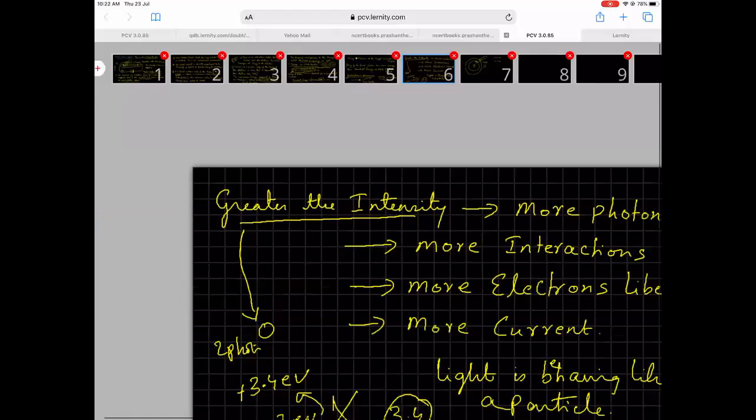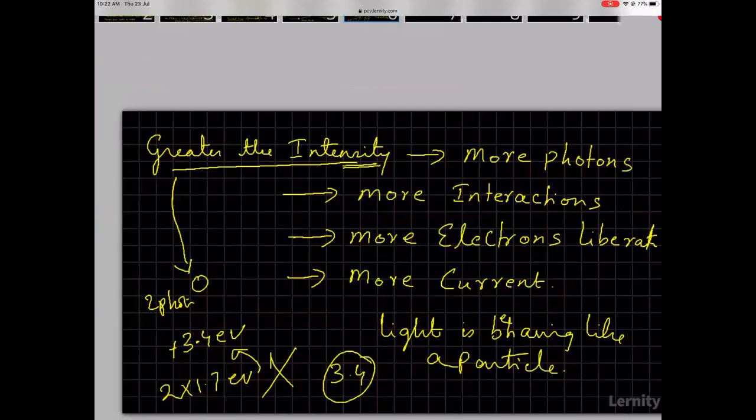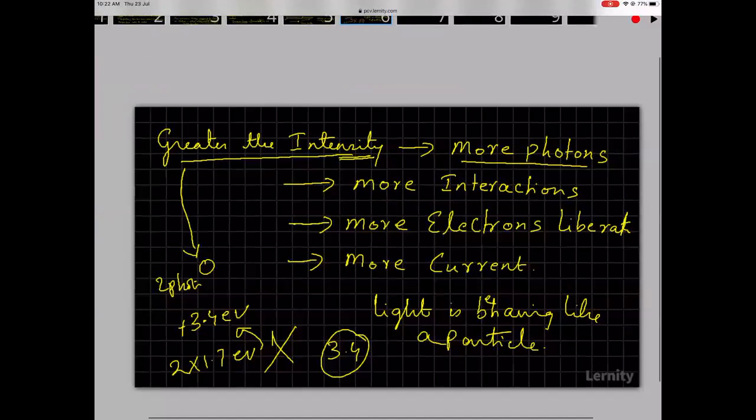Sixth slide, greater the intensity. Intensity refers to the number of light rays per square centimeter. So greater the intensity, more the number of photons. Just like Rutherford's gold foil experiment bombarding, now he is bombarding too many photons.